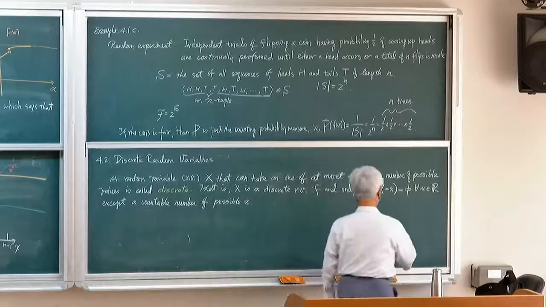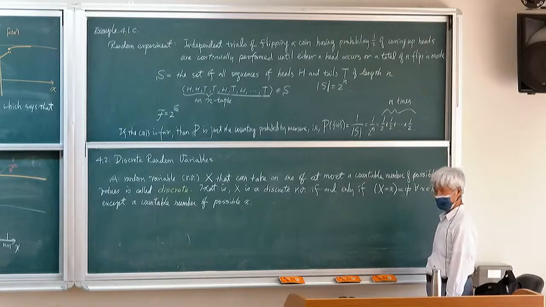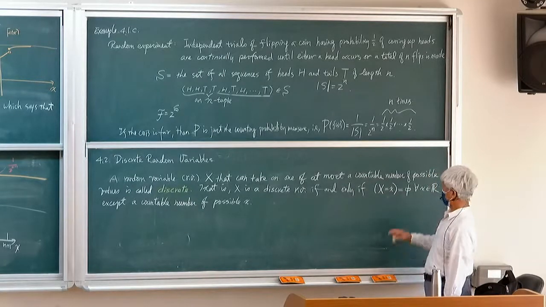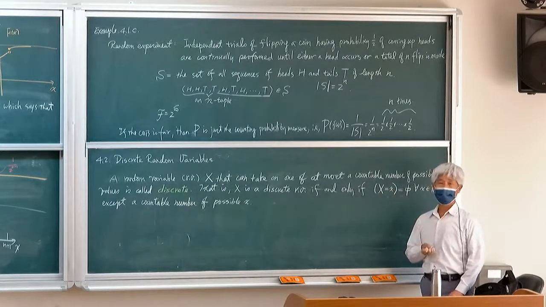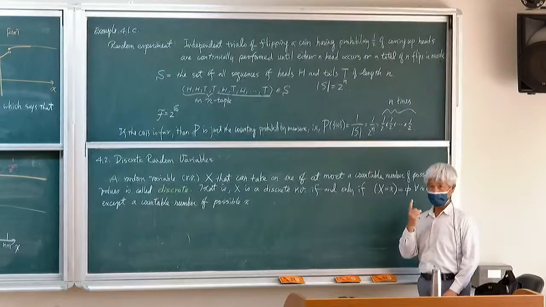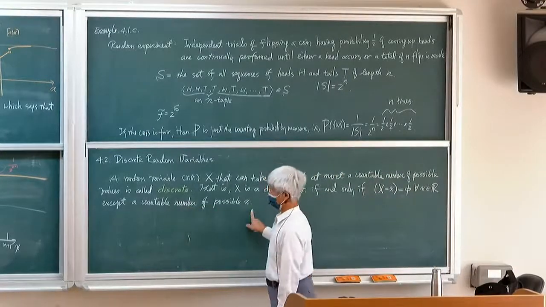So the event X equal to little x is an empty set, except for some countable number of possible x.